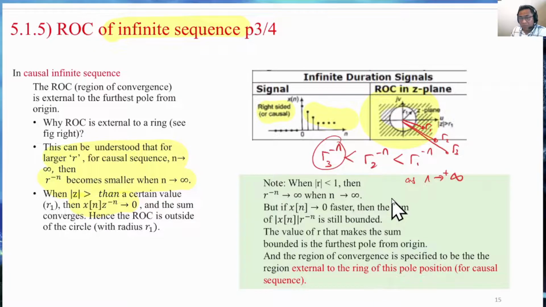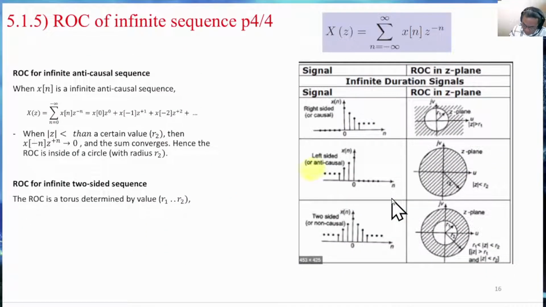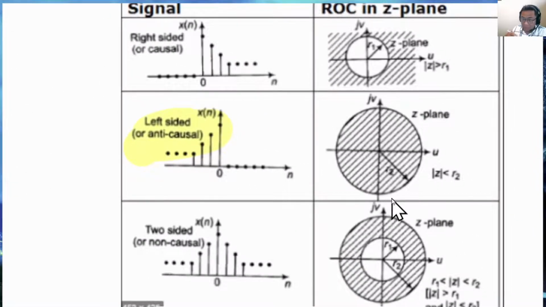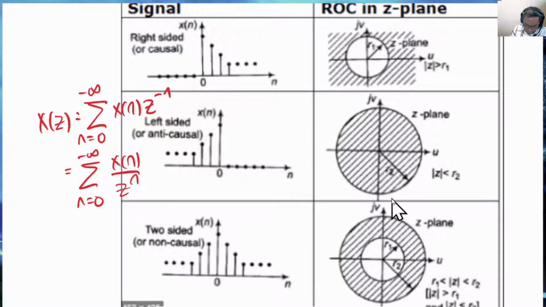Now, what about an infinite sequence that is anti-causal, which is this case over here? In this particular case, you realize that as n tends to negative infinity, X of z, which equals, let's say, the sum from n equals 0 to negative infinity of x of n z to the minus n, we have this equation.